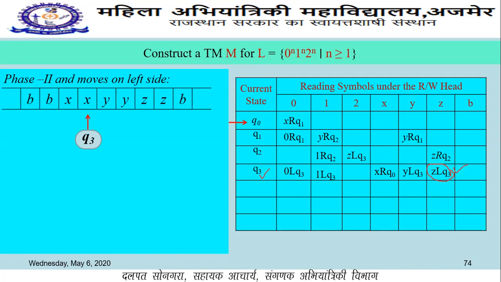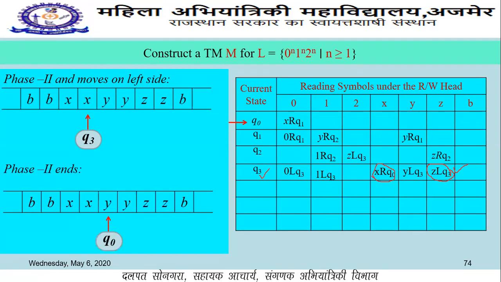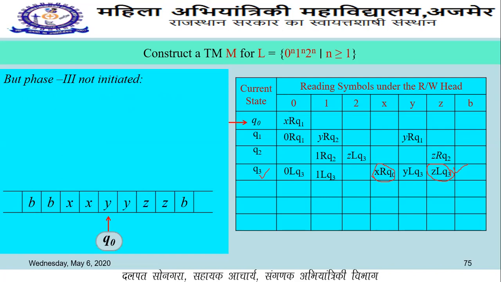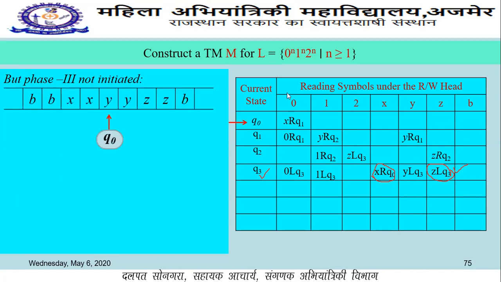For this we already have a transition function, and we apply it at this instantaneous description, so we take a right turn again. This is the end of the second phase, and now we come to this situation.